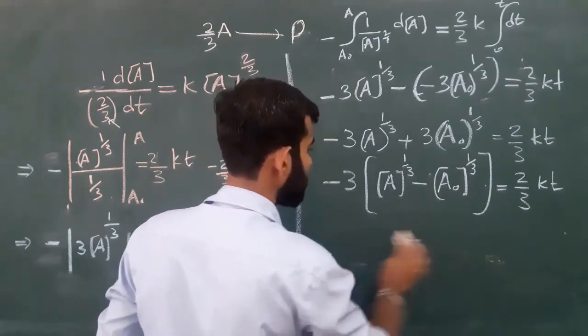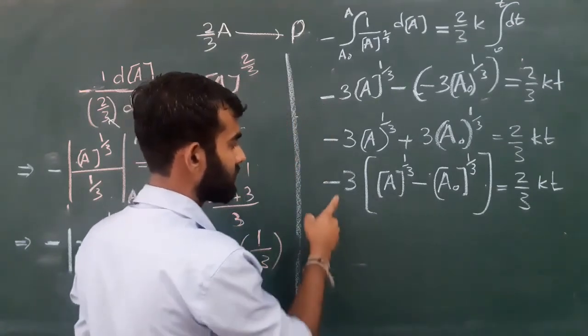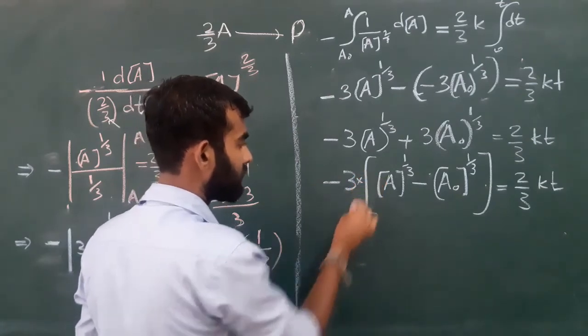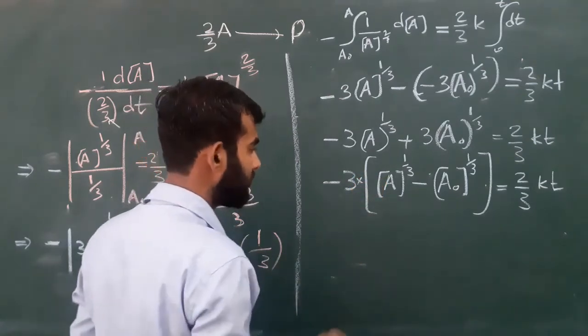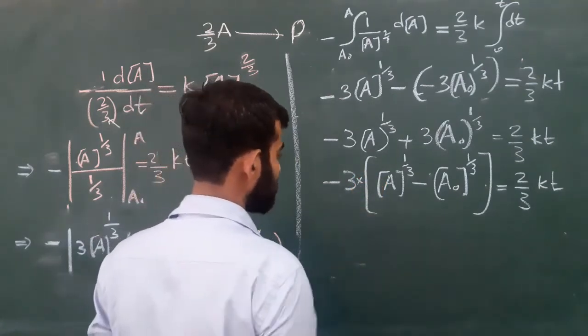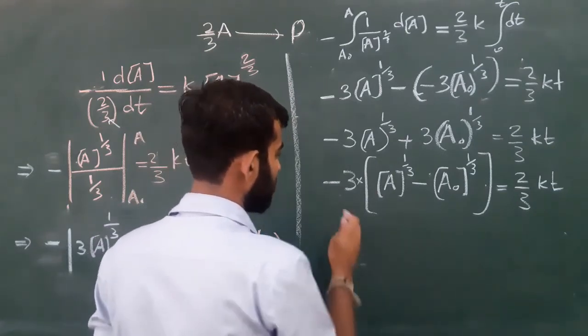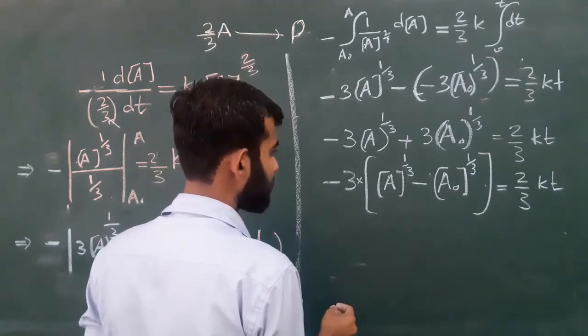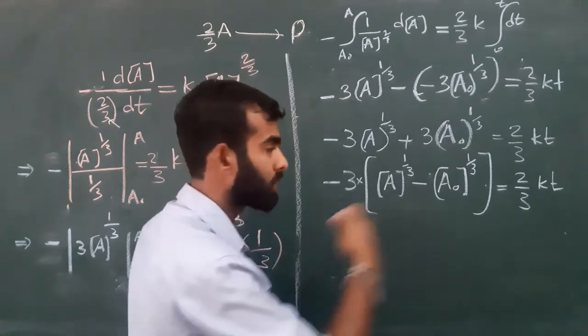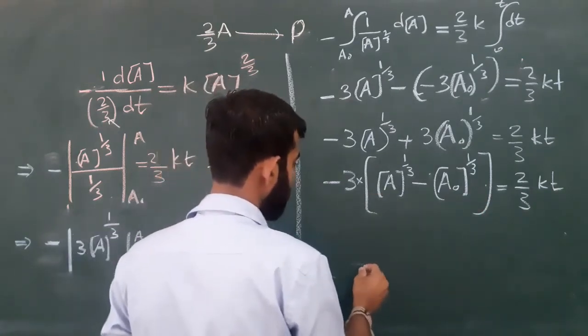I will rearrange the equation. Minus 3 here acts as a multiplier. I will divide the equation both sides by minus 3. Same thing.